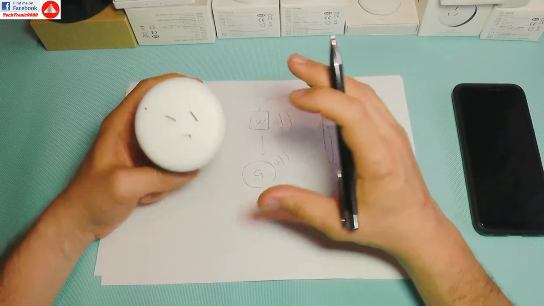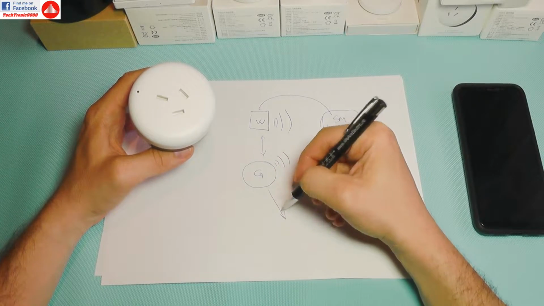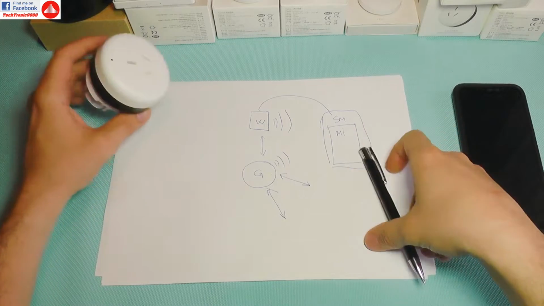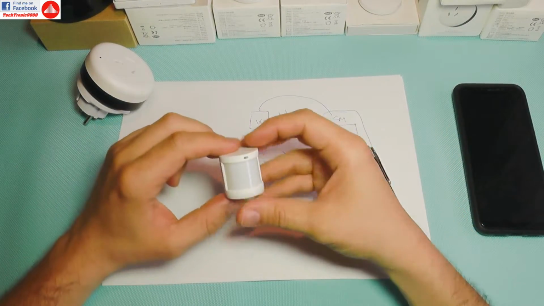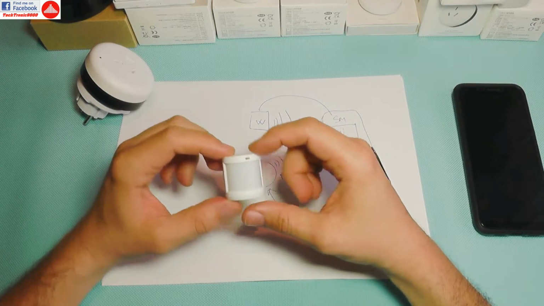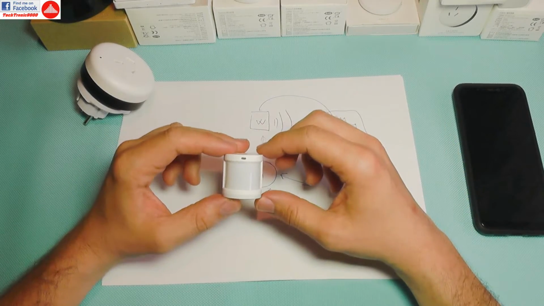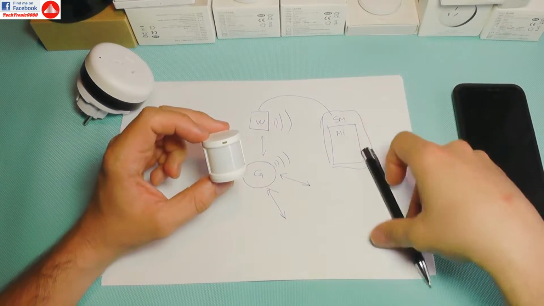And the gateway, it's called gateway because it provides another connectivity to your desired sensors. So for instance, I have this motion detector sensor, and this also has a light detection sensor inside, so it knows if it's dark or not indoors, and also detects motion.